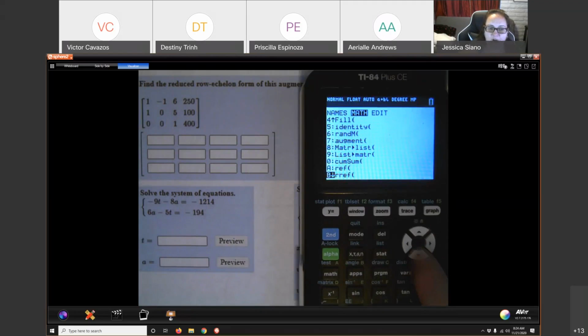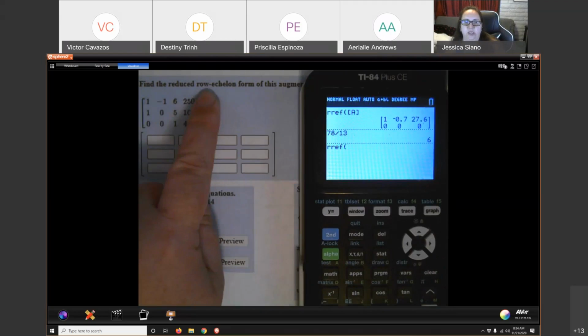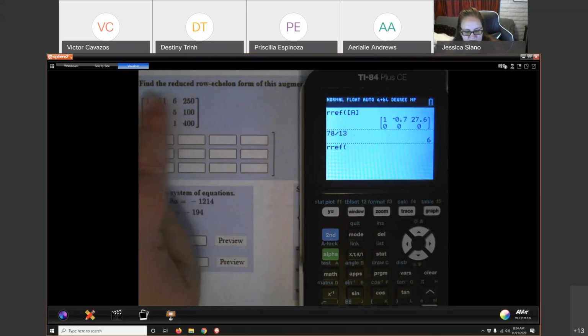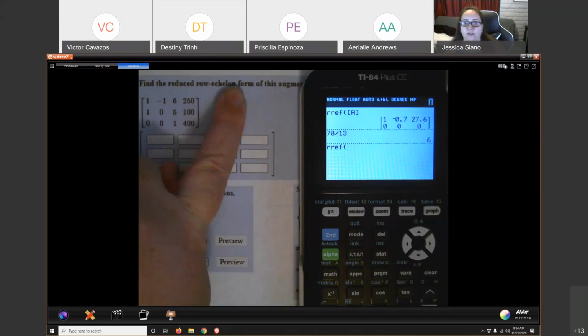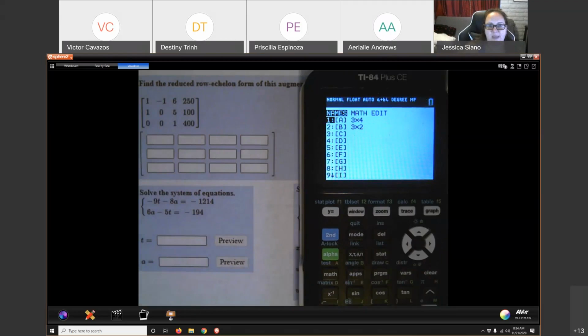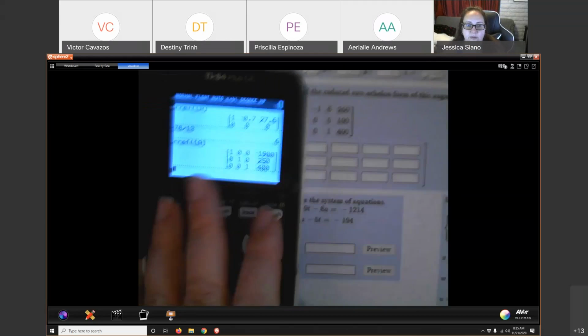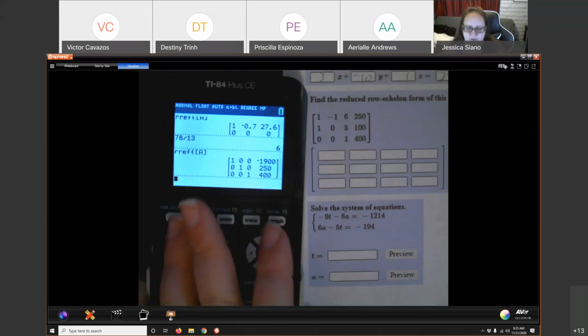We want RREF because it's asking me for reduced row echelon form. So RREF, see it? RREF. And then we go back to matrix and we press enter to choose A because that's where I've saved my matrix. And then enter. And again, now I'm copying boxes. So reduced row echelon form.